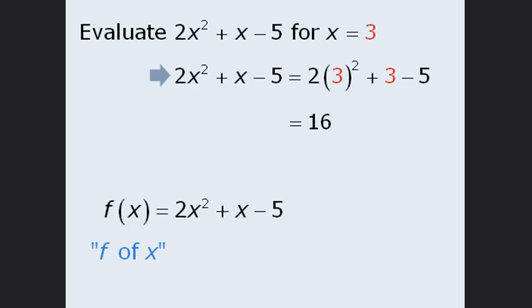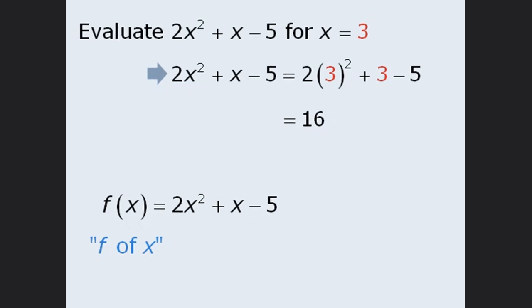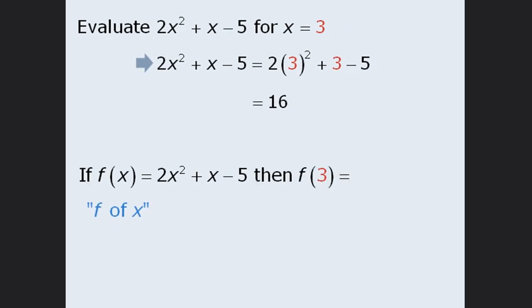So if we want to find the value of 2x squared plus x minus 5 when x equals 3, we use this notation. We read this as follows. If f of x equals 2x squared plus x minus 5, then f of 3 equals what?